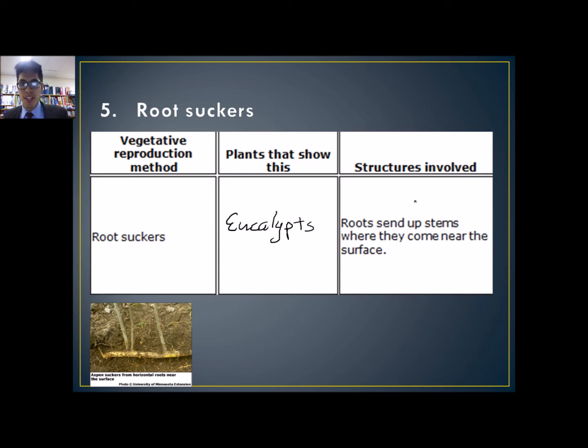Okay, and the roots send up stems when they come near the surface. So this is a root, and it's not fully underground, but it's just near the top of the ground, and when it hits near the surface, like here, it sends up a root sucker which goes straight up again, and it makes a new plant.